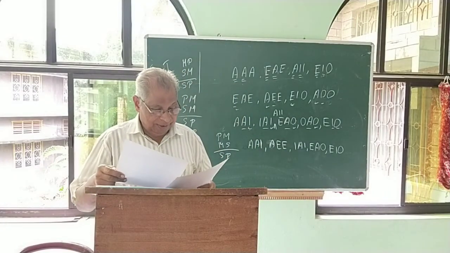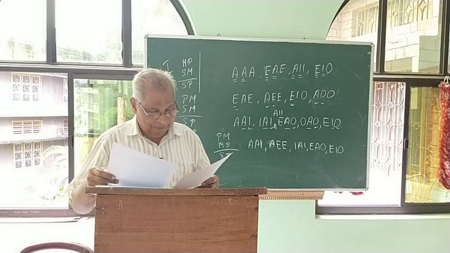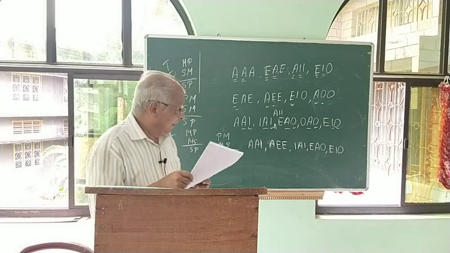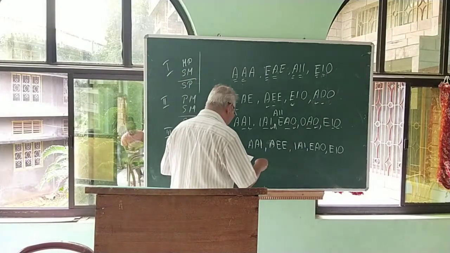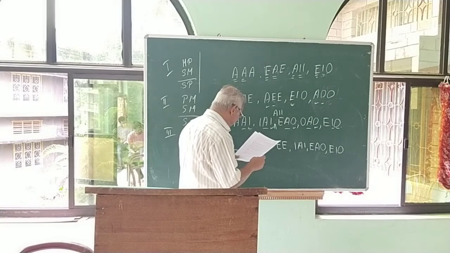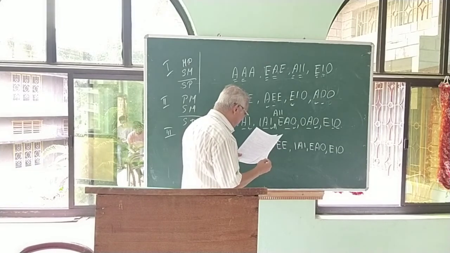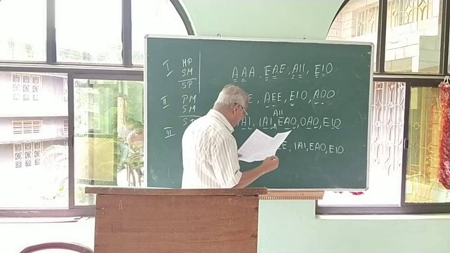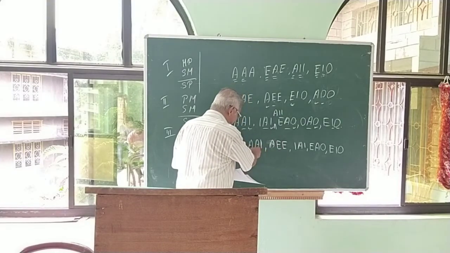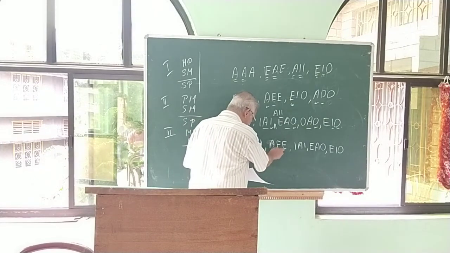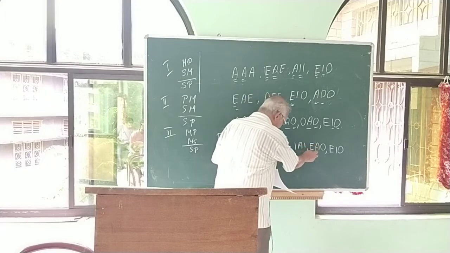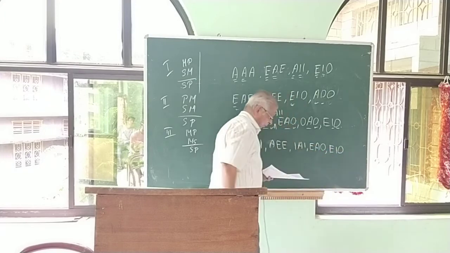The second one is: if the major is affirmative, the minor premise must be universal. That is the rule, no? Major is affirmative, minor is universal. Here no problem, here also no problem.